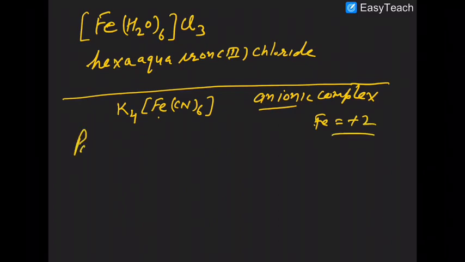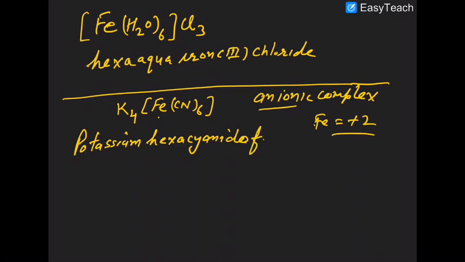So it is potassium hexacyanido. Now it should not be written as iron, it should be written as ferrate. So the answer is ferrate 2. Potassium hexacyanido ferrate 2. Why? Because it is an anionic complex, and I already told you, if the metal exists in an anionic complex, its name should end with -ate.